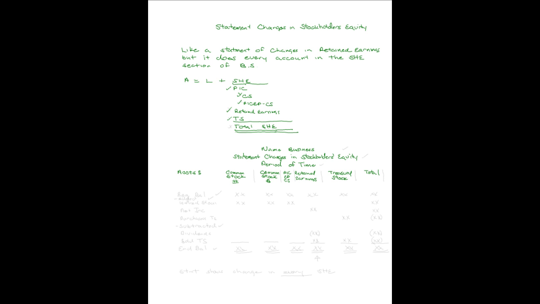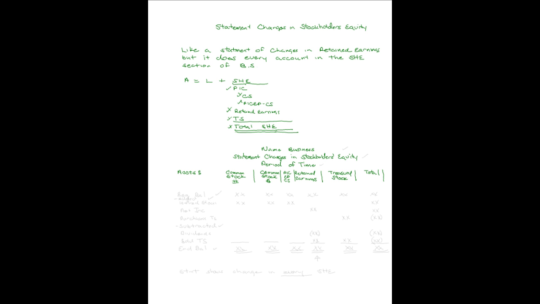Look how much I've had to squeeze in. Retained earnings and treasury stock, and then do it by total as well. So I have it kind of tight right here. Here's one column. Here's another column. There's my skinny paid-in capital column, my retained earnings column, my treasury stock column, and my total column.